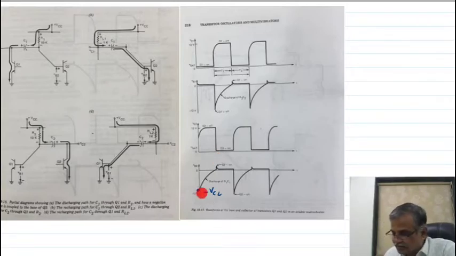When C1 is totally discharged through the resistor R1 and transistor Q1, a slightly positive voltage is developed at the base of transistor Q2. As a result, transistor Q2 is in forward bias. Immediately the transistor starts to conduct, and the output voltage VC2 goes from high voltage to low voltage. You can see the fast falling edge. Here is your high voltage, here it is low voltage.